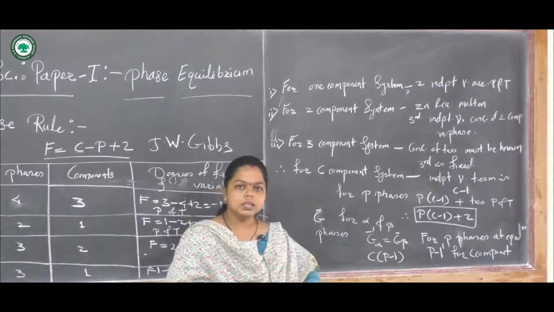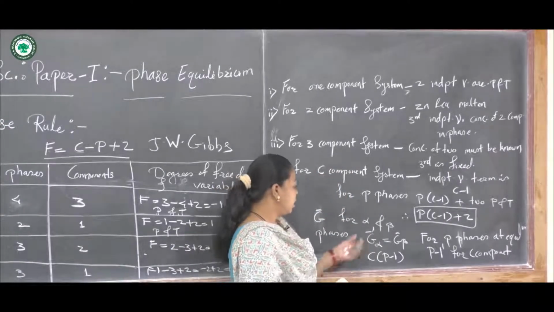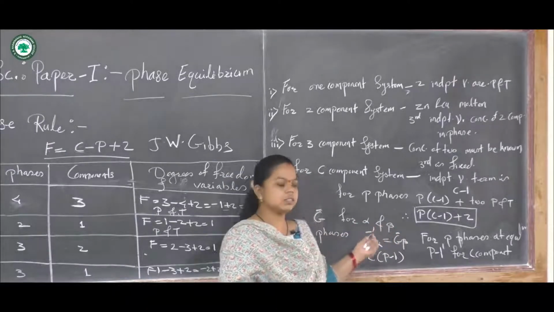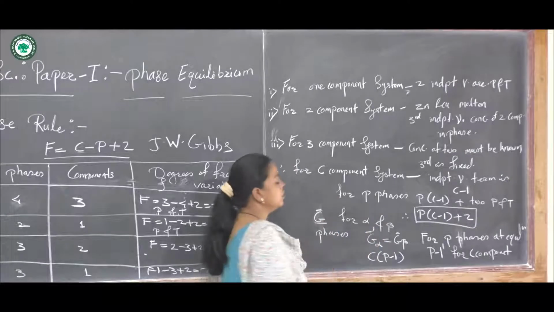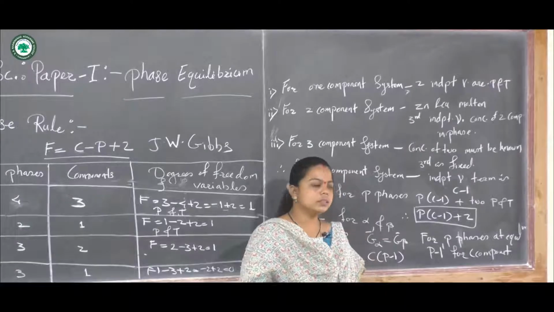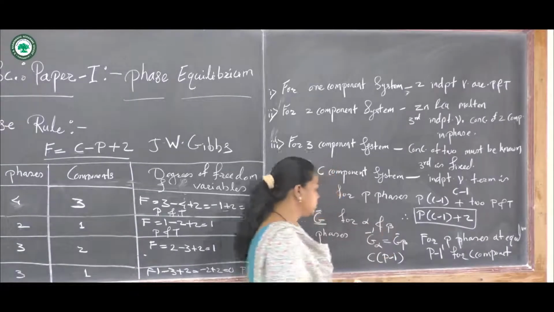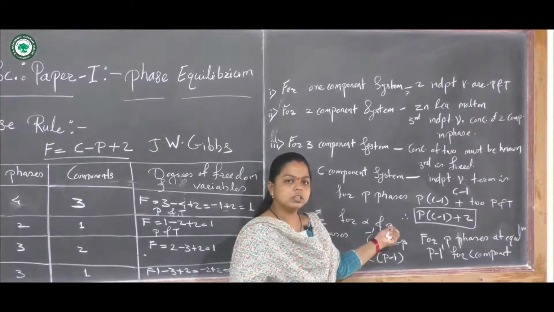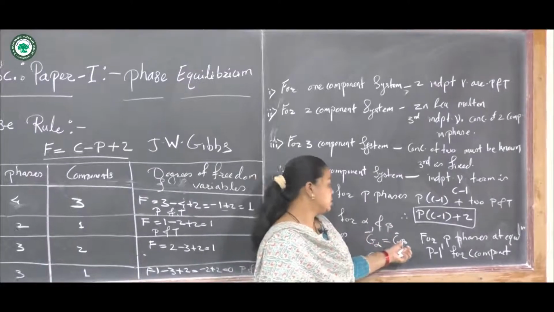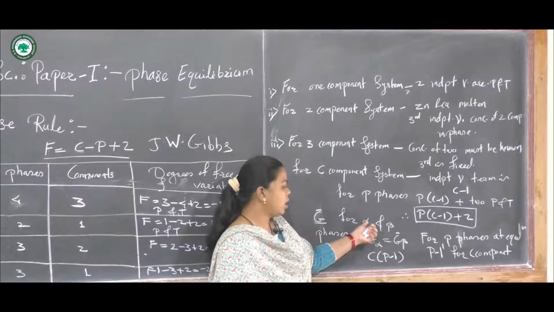Now if we consider that different types of equilibria are present, alpha and beta, if these two equilibria are present in the system, then G bar is the partial molar free energy for this equilibrium. So the partial molar free energy is the same for these two phases, alpha and beta.